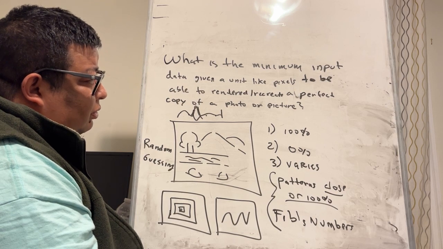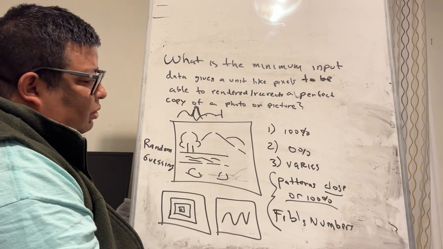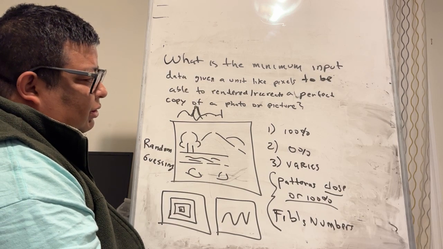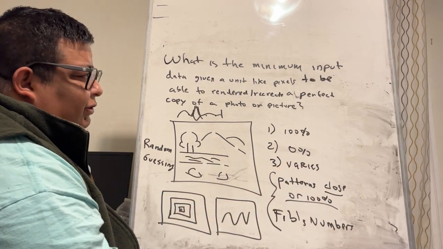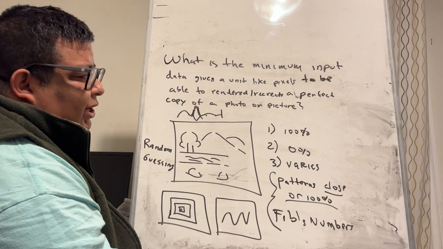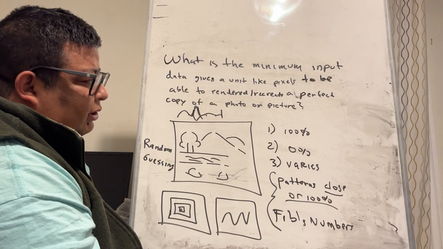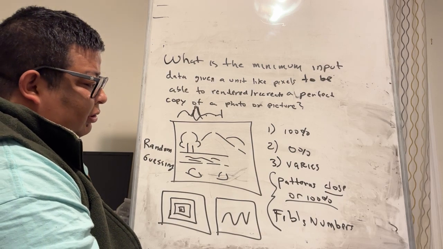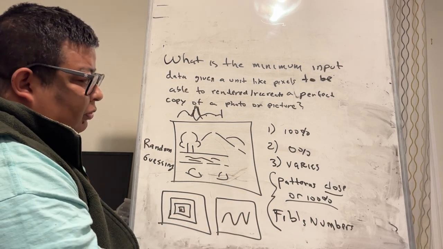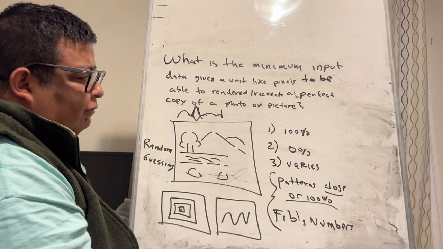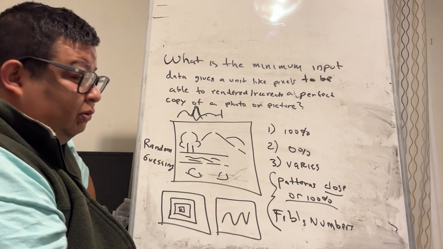The only cases, like I said, the trivial cases, are when you have the entire picture or when you have no picture. Those are the only two cases where I think you will definitely be able to recreate it perfectly. The other case is if you know the pattern beforehand. Then definitely you can. If you know information about the picture, then you can definitely get better results.